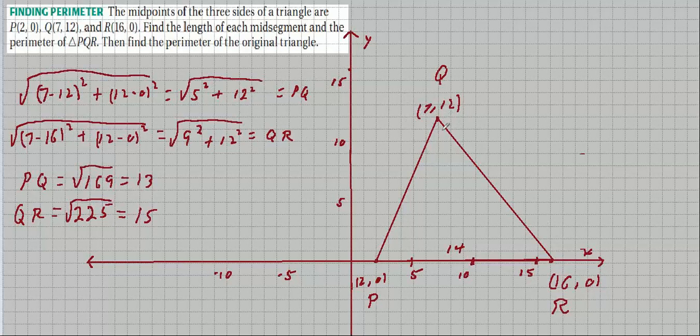And for the other side, we get (7 minus 16) squared plus (12 minus 0) squared. That gives us that. This is 25 plus 144. It's the square root of 169, which is 13. This would be the square root of 81 plus 144. That's 225, and the square root of that is 15. And we can go ahead and put those in over here if I want.